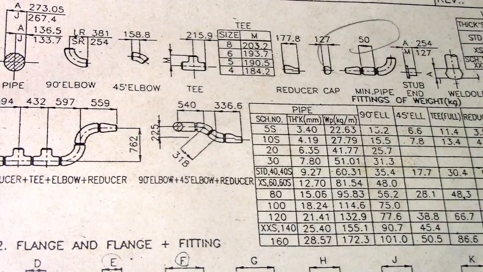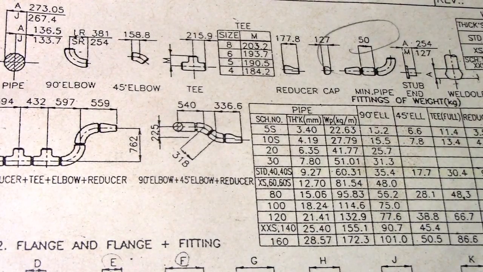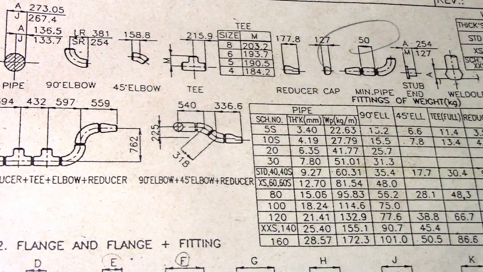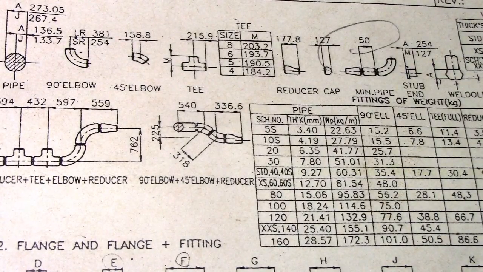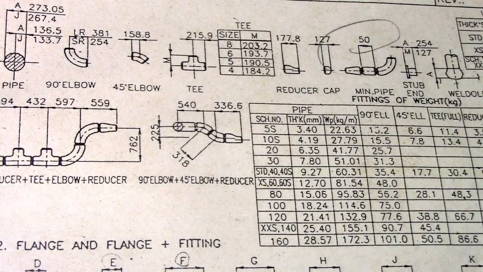So again, this is piping design data, 10 inches, nominal pipe size, and piping part dimension and weight. So 10 inches is equivalent to 250 millimeter.